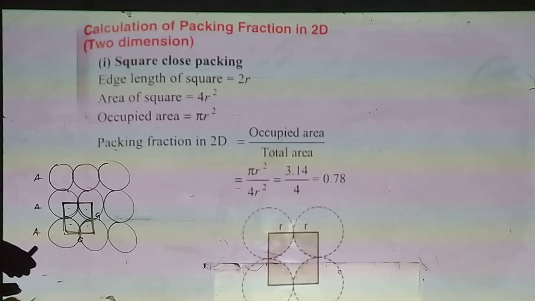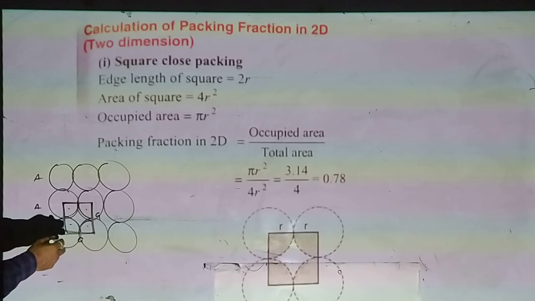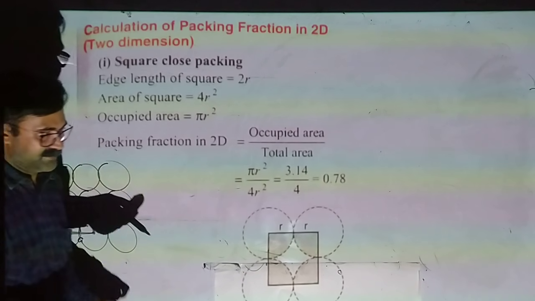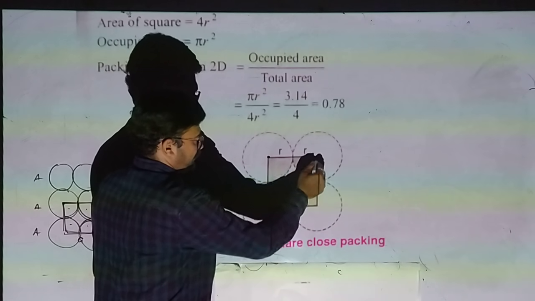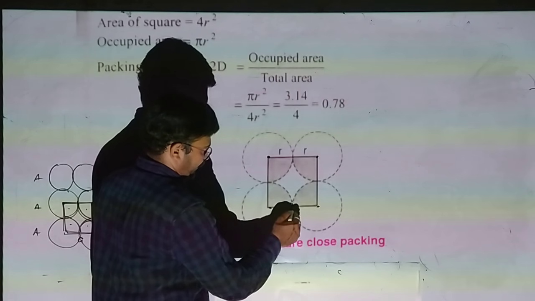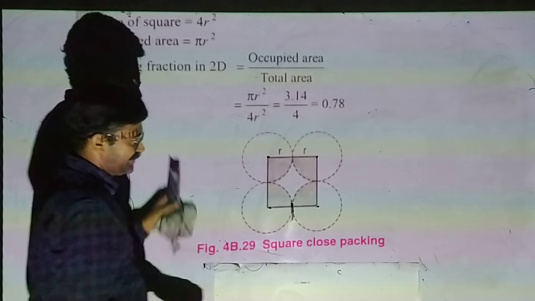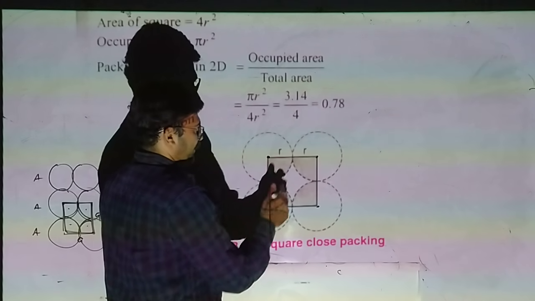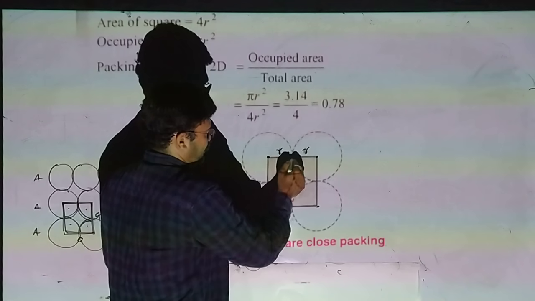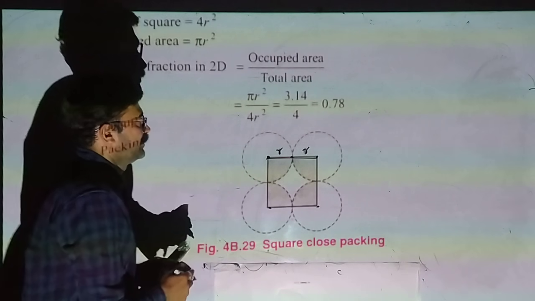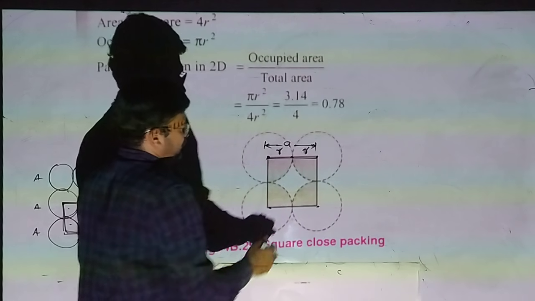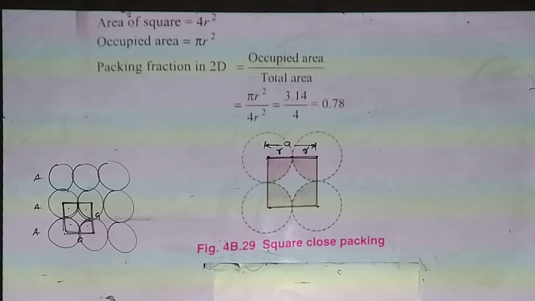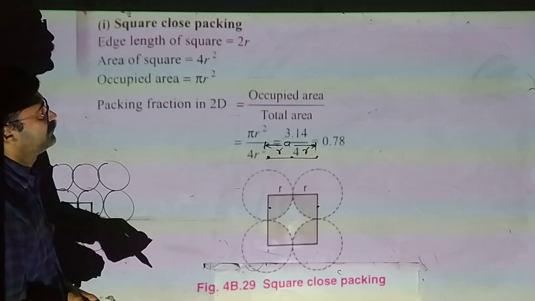Here in the square close pack you can see spheres touch each other. Yes sir. Spheres are touching on the edges. So the radius of both is small r. So edge length A is 2r.